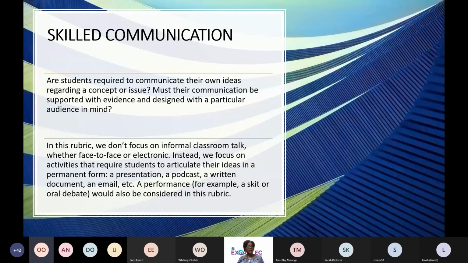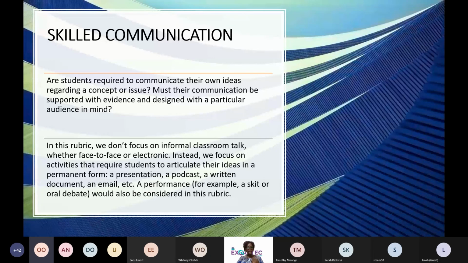So you want to ask yourself, are students required to communicate their own ideas? Must their communication be supported with evidence or designed with a particular audience in mind? So these are the kind of questions you're asking when you're looking at skilled communication. So in these rubrics, the focus is not on the informal classroom talk, where students are talking to you, talking at you, but instead the focus is on activities that require students to articulate their ideas in a permanent form.